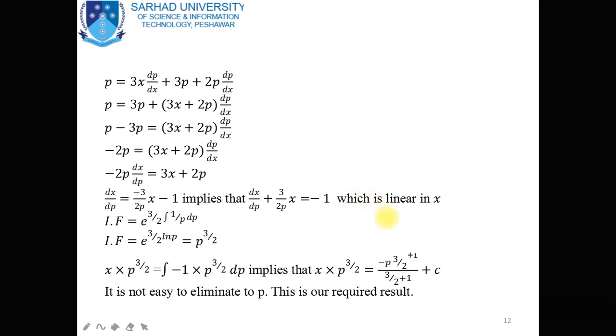When we express y in terms of p and x, then after differentiation with respect to x, we obtain dy by dx. So put dy by dx as p and find the value of p, and then put the value of p in the required solution. When we express y in terms of p, we can easily eliminate the p term and we can obtain the solution of the given differential equations.